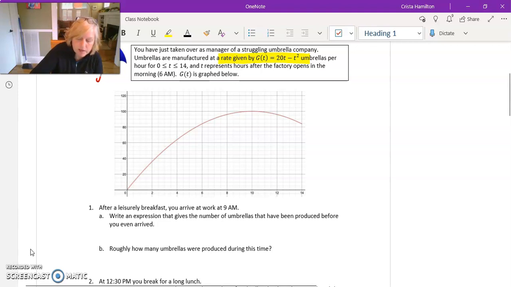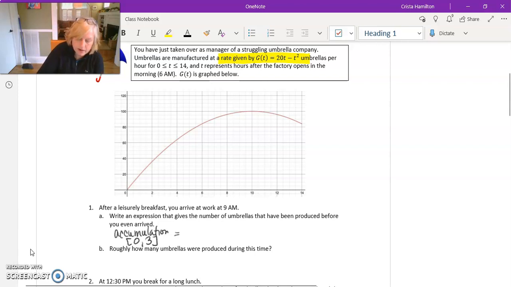Remember that the company opened at 6 a.m., so that was t equal to 0, and 9 a.m. would be t equal to 3. So we're looking for the accumulation, I'm going to remind you of that term, the accumulation of umbrellas from 0 to 3 hours. That would account for our 6 a.m. to 9 a.m.